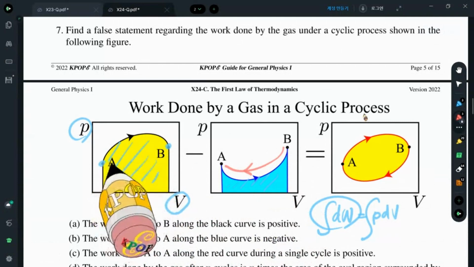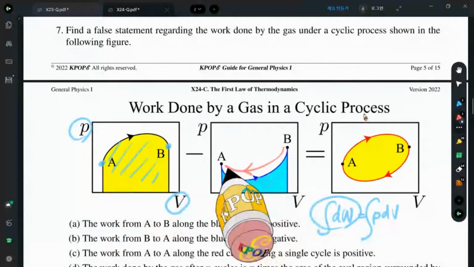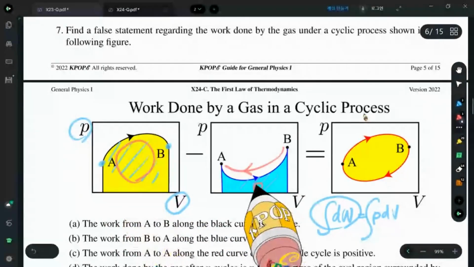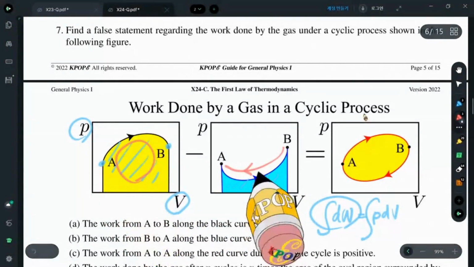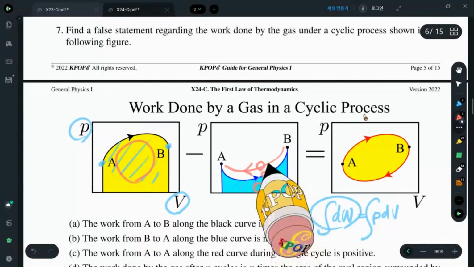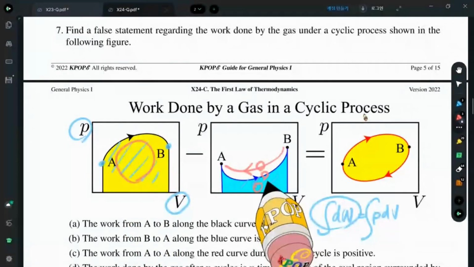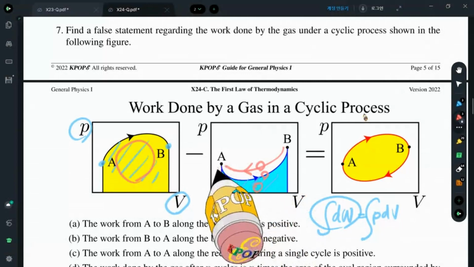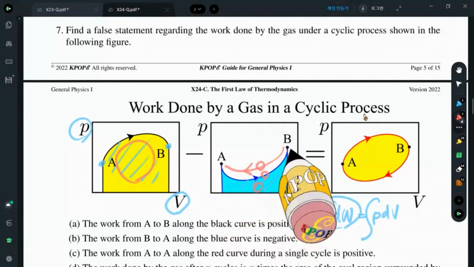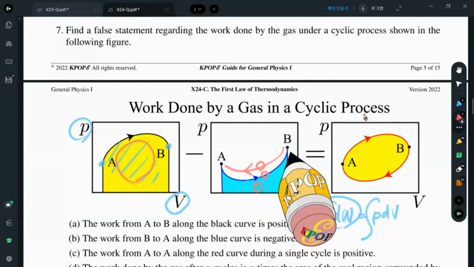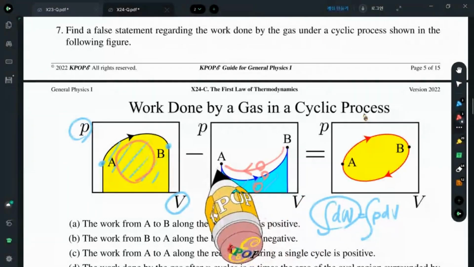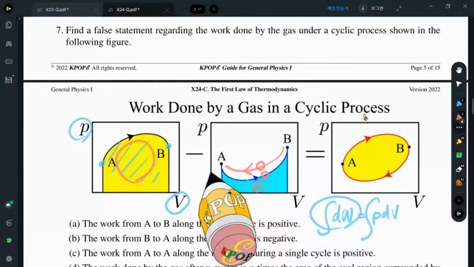We find the work is path dependent. This work is greater than this work. And these two works are the same in magnitude, but in opposite direction. The work from A to B is positive, but B to A is negative with the same amount.